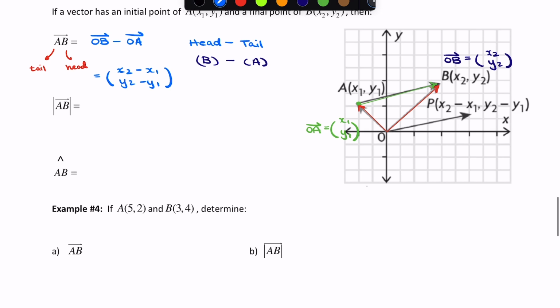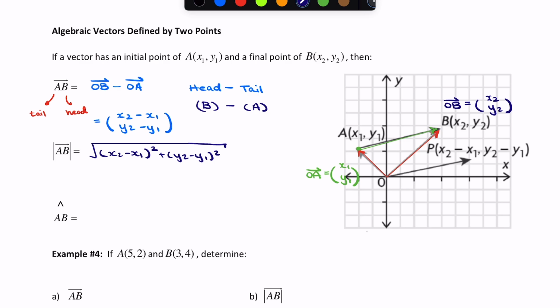So here, if we're looking at the magnitude of AB, then here we can write it as the square root of a squared plus b squared, which is x2 minus x1, which is our a here, squared, plus y2 minus y1 squared, which is our b here. Okay, and then we're going to look at the unit vector of AB.